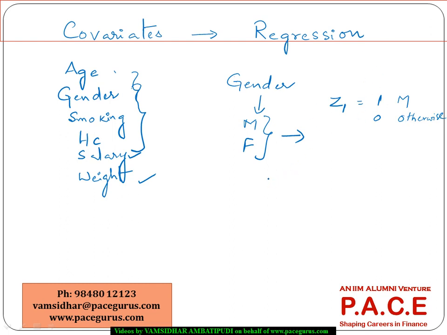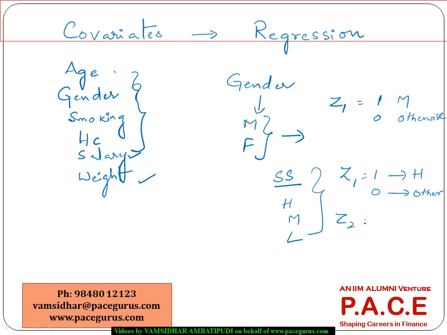But probably if I'm having, let's say, smoking status, where I want 3 statuses, like heavy smoker, moderate smoker, light smoker, the way we carry them as a part of our covariates is, I'll take Z1 equal to 1 if the person is a heavy smoker, 0 otherwise.